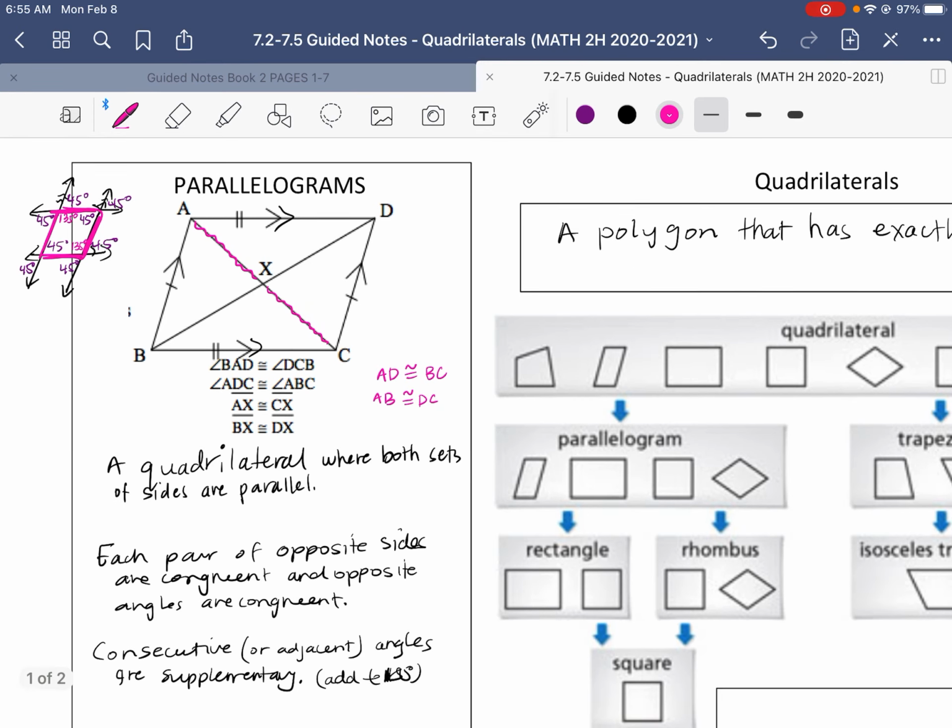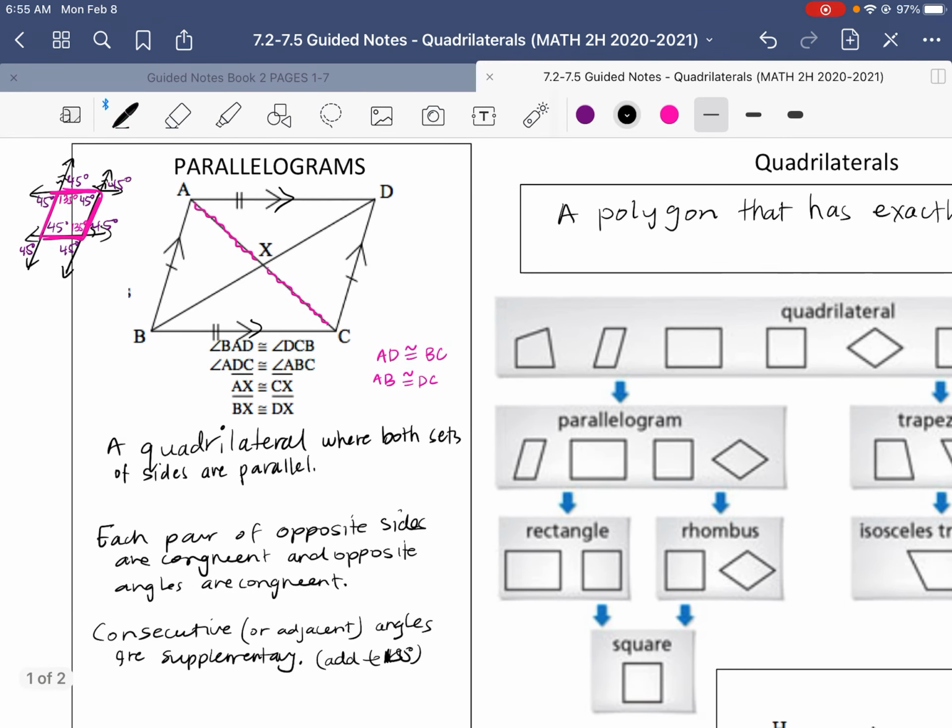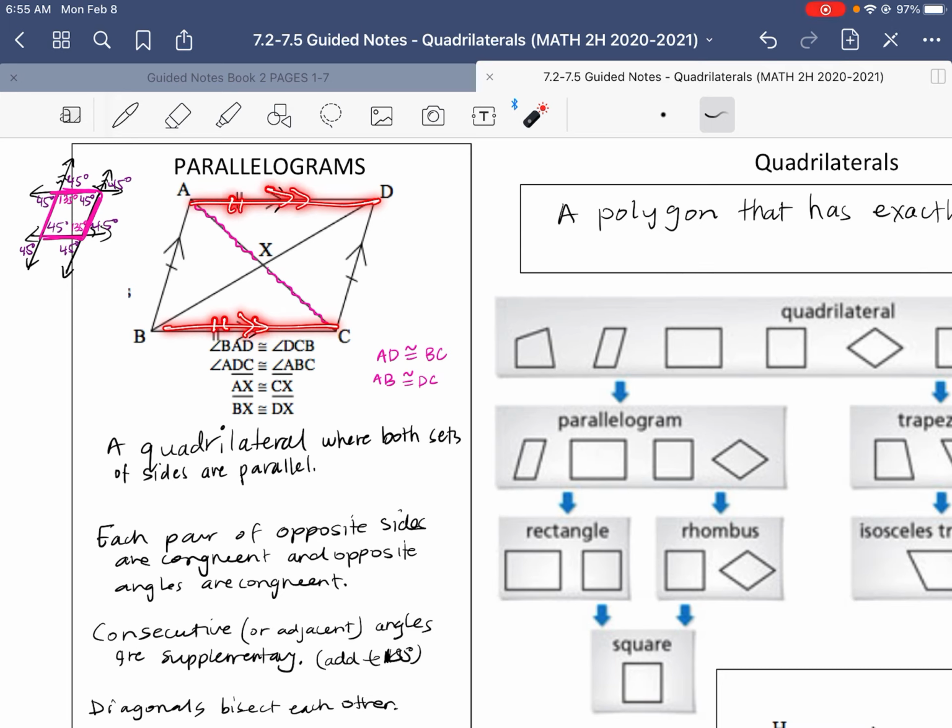So we do know that diagonals bisect each other, so that would be our last one here. If you know they bisect each other, then it's going to be a parallelogram. And really, as long as you have one set of sides that is parallel and congruent, it forces the other ones to also be congruent and parallel, so it creates a parallelogram, okay? So that makes up a parallelogram.